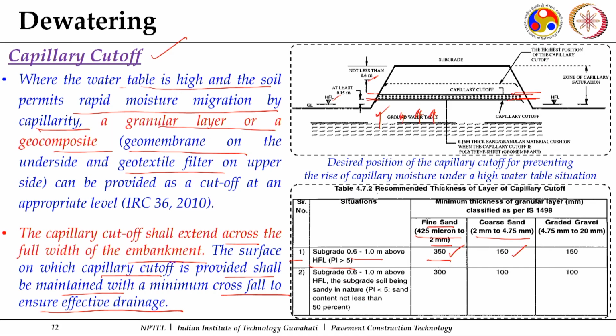And if we have a subgrade 0.6 to 1 meter above high flood level with a plasticity index less than 5, specifically for sandy soils with sand content not less than 50%, this thickness will be there. Different thicknesses have been recommended as per IRC 36 for the capillary cutoff layers.